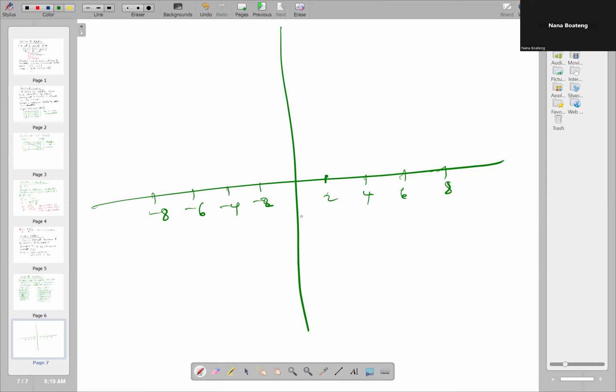And on the other axis, this is 2, this is 4, this is 6, and this is 8.